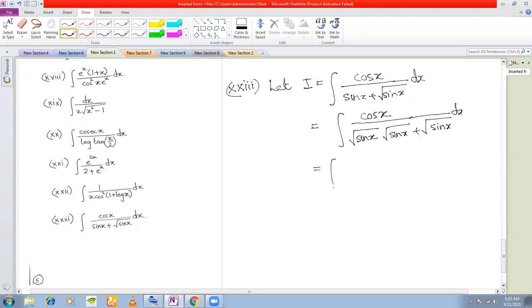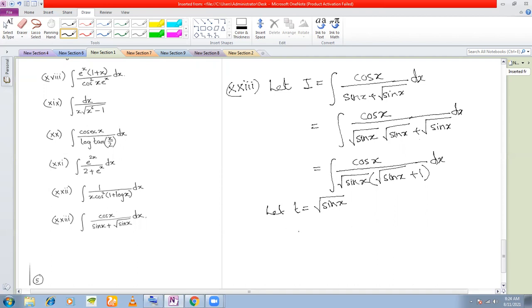And now you can take root sin x into root sin x plus 1 dx. Now you not only know that the derivative of sin x is cos x, but you also know that the derivative of root sin x will be cos x by 2 root sin x. So you put t is equal to root sin x.